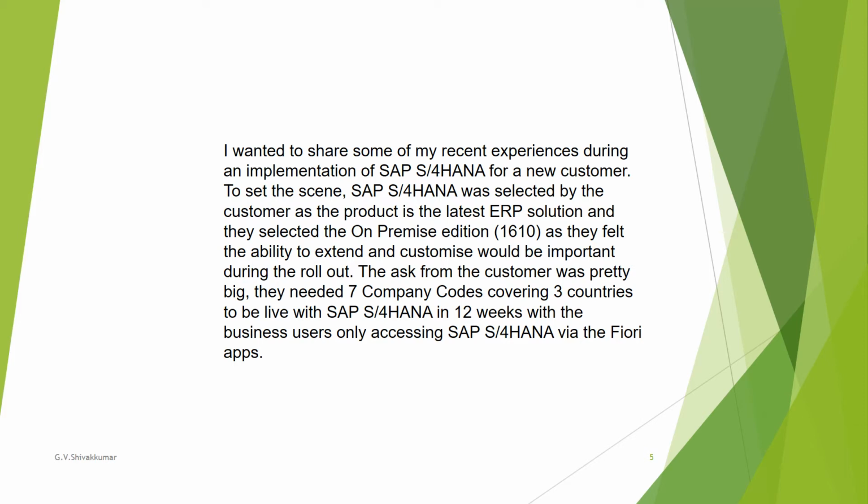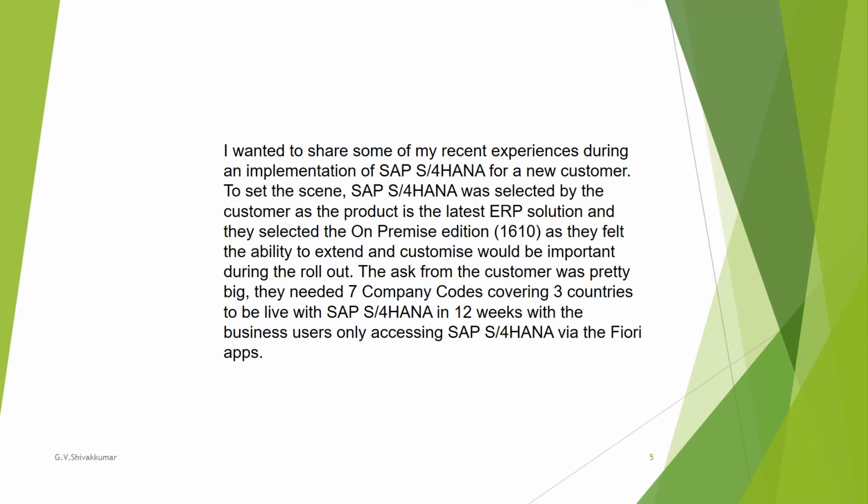They are keeping that as important. The ask from the customer was pretty big. They needed 7 company codes covering 3 countries to be live with SAP S4HANA in 12 weeks, with the business users only accessing SAP S4HANA via the Fiori apps.